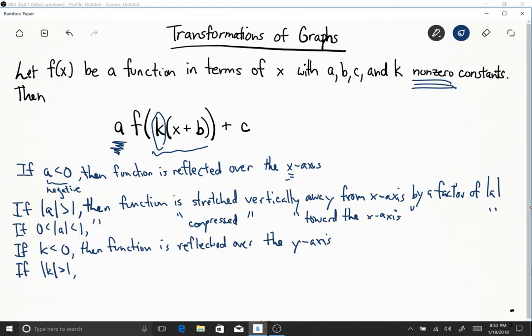When you have this inside part, if the absolute value of K is greater than 1, then the function, now before when we had greater than 1 it was stretched and it was vertical. Well, it's going to be horizontal because it's inside the function. But it does just the opposite of what you'd expect. In this case, it's going to be compressed, and it goes horizontally. So if we're going horizontally, we're pushing things towards each other, the y-axis.